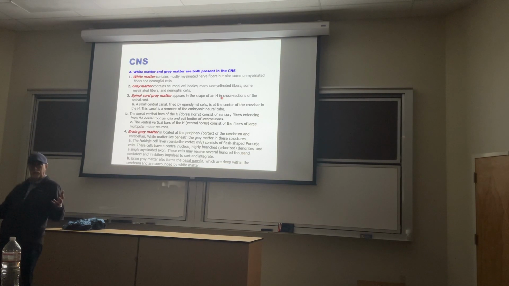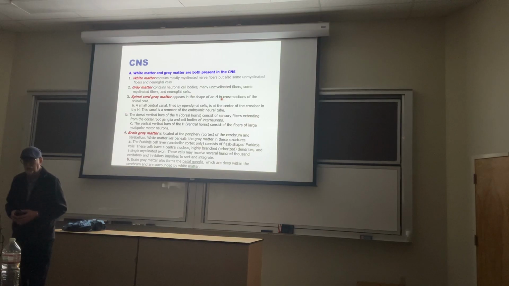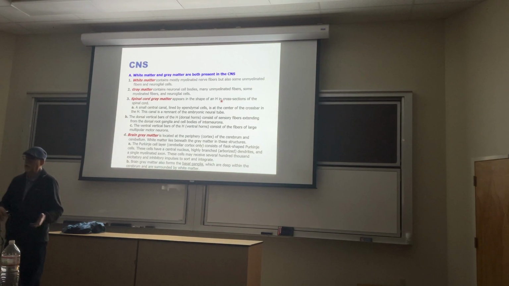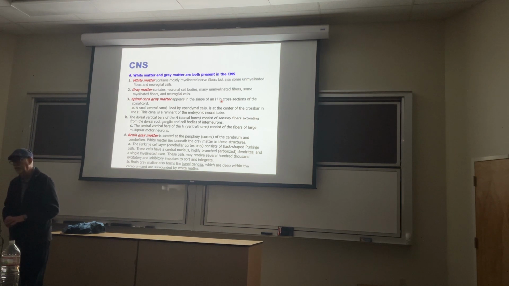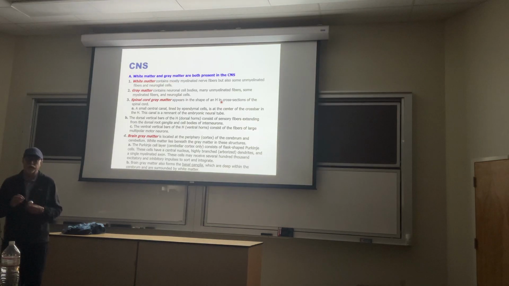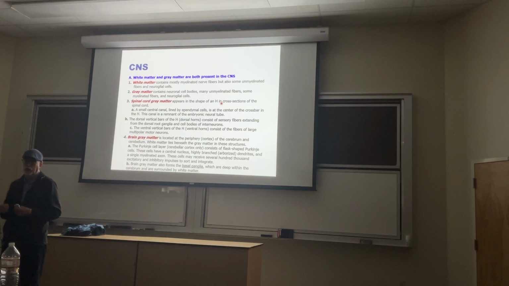Rather loosely, we differentiate the central nervous system into the white matter and the gray matter. When we say the white matter and the gray matter, this is kind of what they look like under gross appearance. In other words, the unaided eye.